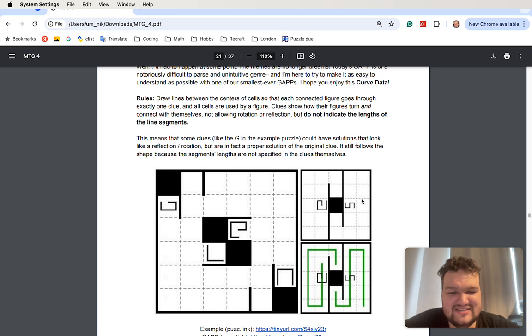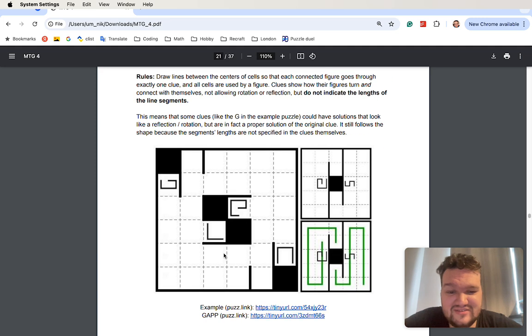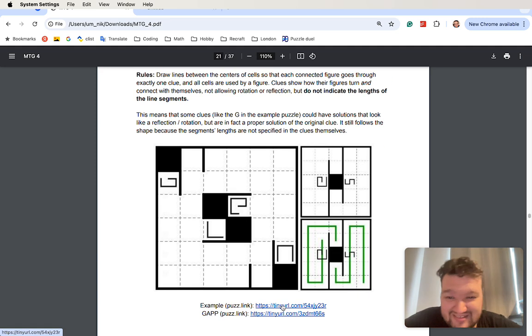So in this example and in the main puzzle, all of them are just paths, but in the Curve Data puzzles I have seen rectangles, so they're closed loops, and I still don't understand how to do that. So it just feels like guessing to me.